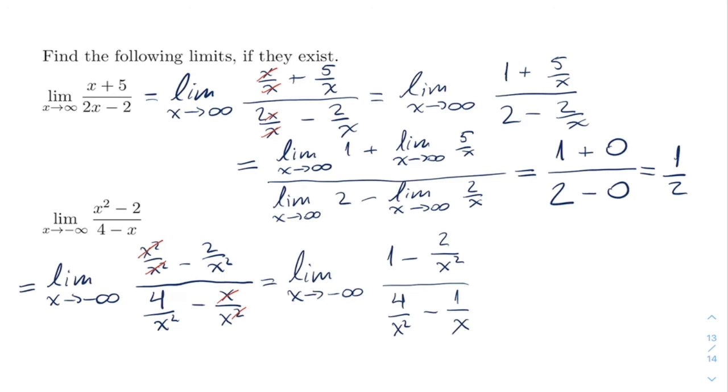So now we can repeat what we did in the last step, and we see that the limit of the numerator will be equal to 1, but the limit of the denominator will be equal to 0. So in this case, we have a case of 1 divided by 0, which we already studied, and in this case the limit does not exist.